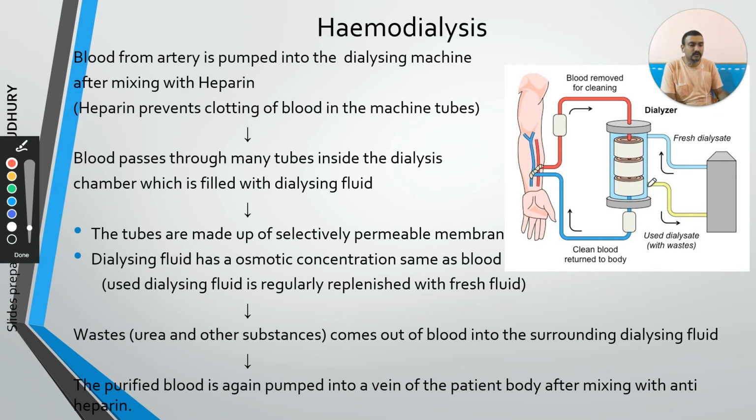That's why the used dialyzing fluid needs to be replaced regularly by fresh dialyzing fluid. Of course, if you think a little bit in detail, one process is not happening here, that is reabsorption. Okay, filtration will take place. Clear? So that is how the purification of the blood is done artificially using a dialyzing machine or dialysis machine, called the hemodialysis process.